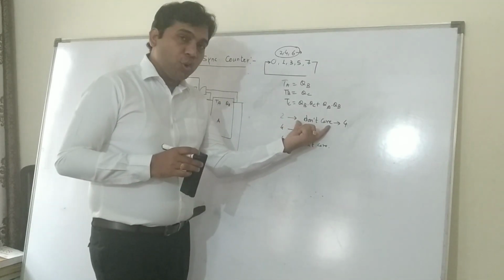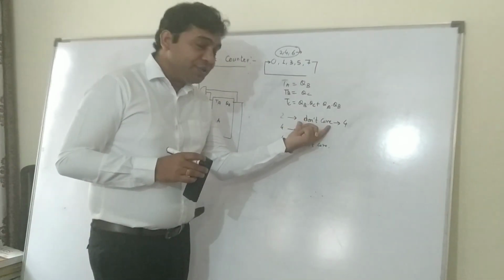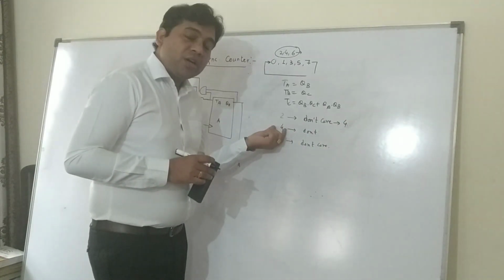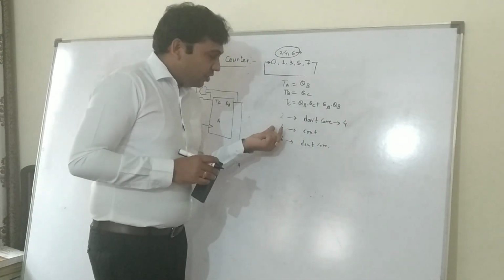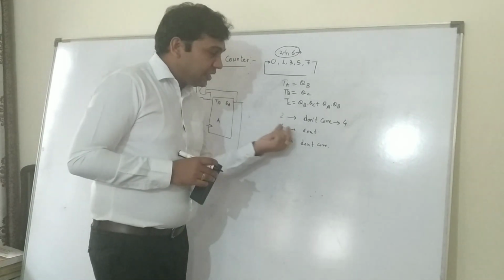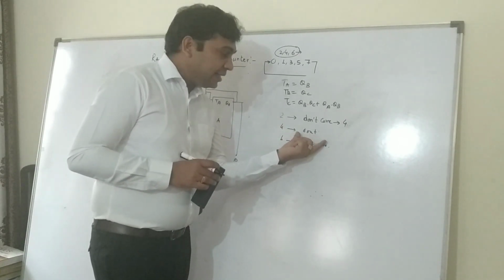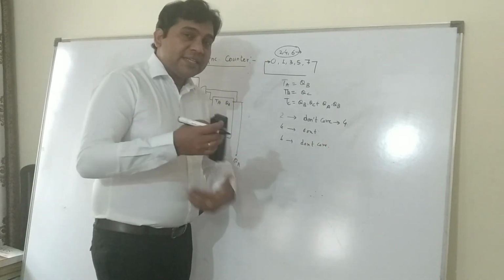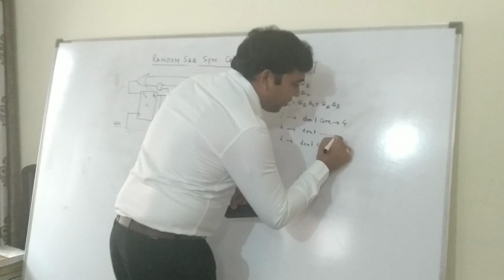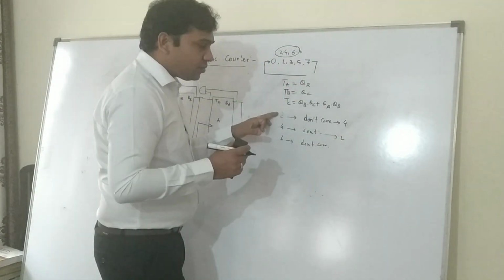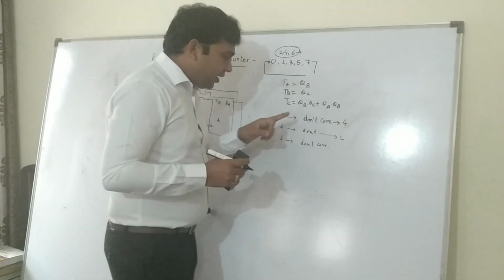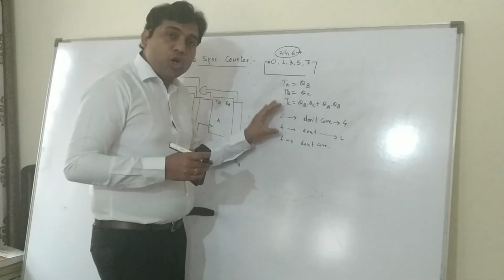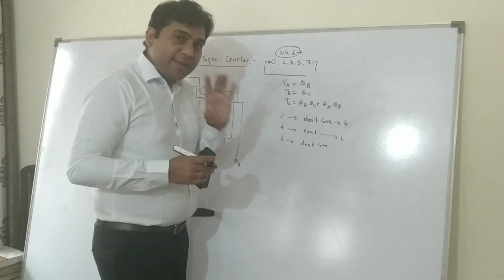And when the present state is 4, the next state is don't care, and let's say these don't cares form the combination of state 2. That means whenever state 2 comes, the next state is 4. Whenever state 4 comes, the next state is 2. Then this counter will be locked in these two states. Getting my point or not?